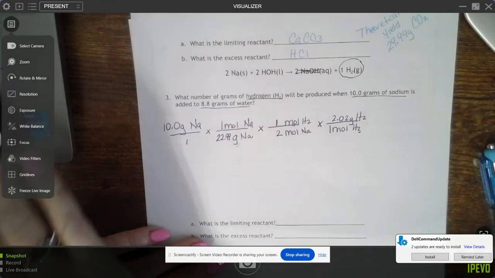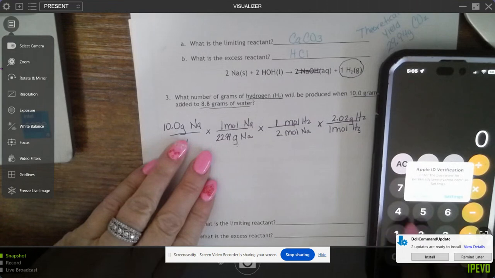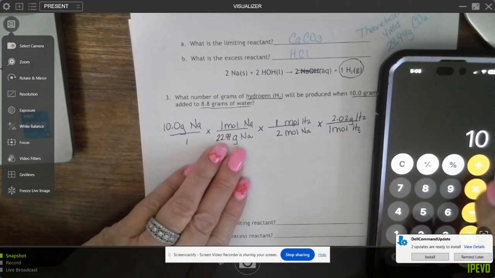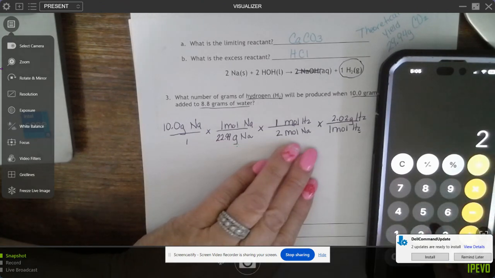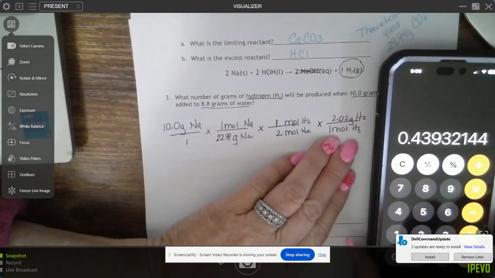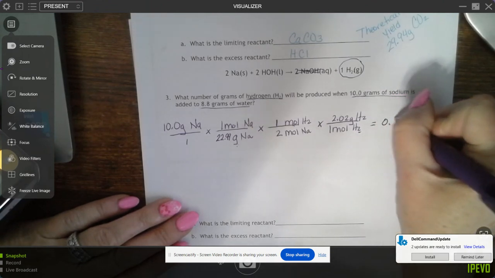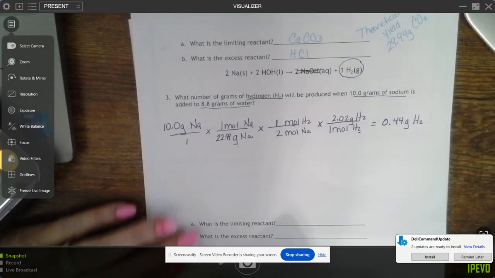Let's calculate this. 10 grams divided by 22.99 divided by 2 times 2.02 is 0.43, so we're going to say 0.44 grams of hydrogen.